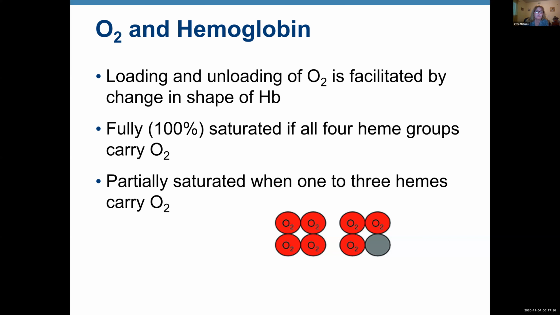Because hemoglobin changes shape, and it loads or unloads oxygen. Hemoglobin is fully saturated, 100%, if all of the heme groups carry oxygen. And it can be partially saturated: instead of 4, it can have 3, 2, or 1 oxygen per molecule. Then it's partially saturated.